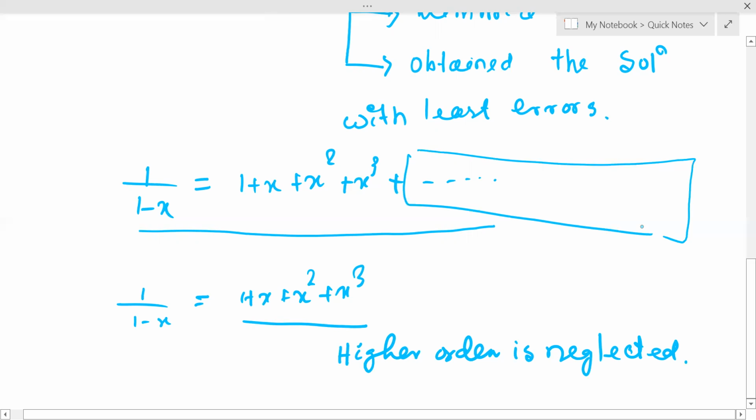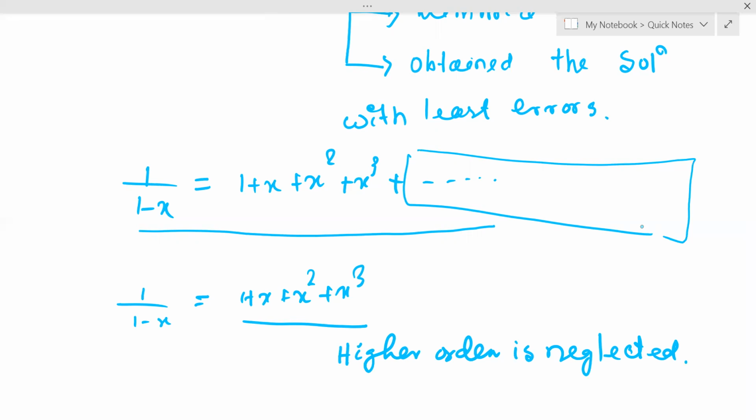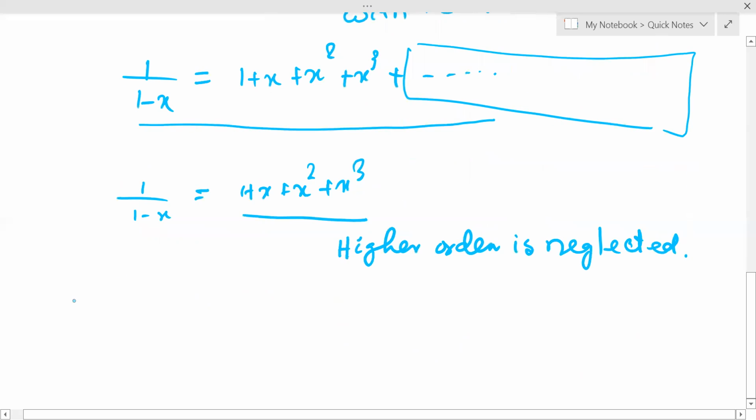The terms you left out produce an error, and that error is called the truncation error.